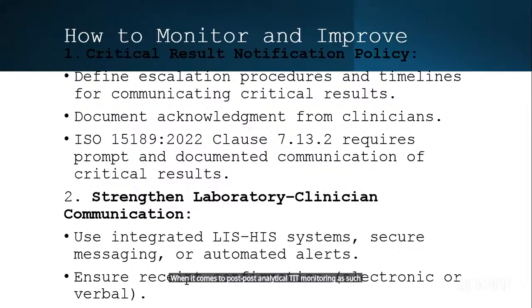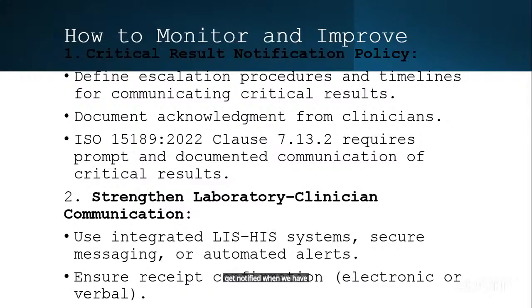So how do we then monitor and improve post-analytical TAT? We must put in place systems that can enable us to get notifications in terms of critical results. Clearly stated, we must have a critical results notification policy in place that enables us to notify, or even the clinicians to themselves get notified, when we have critical results.